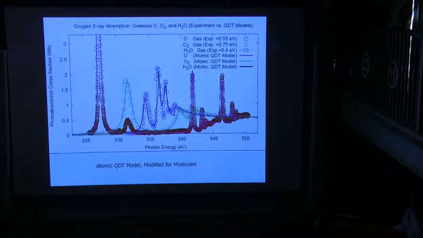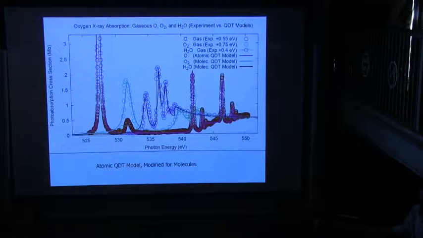What changes here? The threshold is lowered a bit. We know when we go from atomic to molecular, energies are going to change. The threshold is lowered as we go from atomic to molecular oxygen. The quantum defect, which gives the position of the Rydberg resonances relative to threshold, is decreased a little bit.